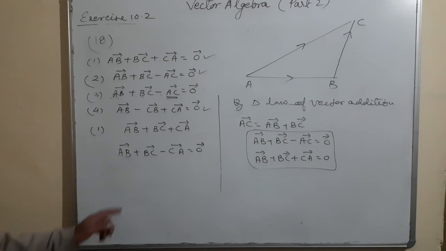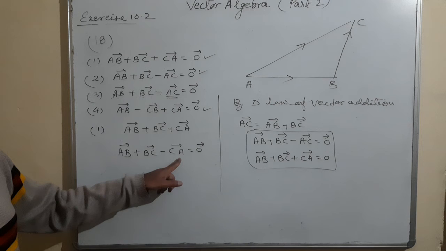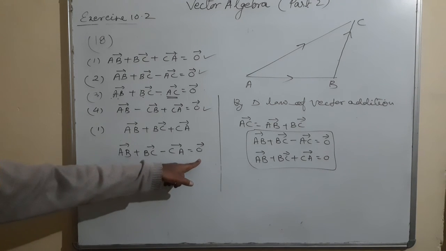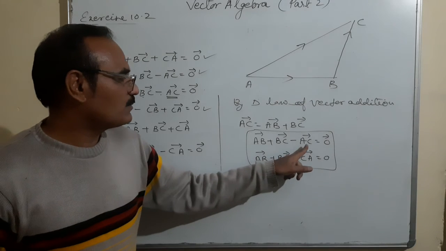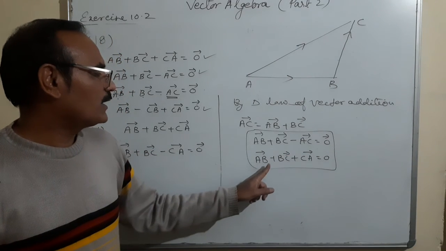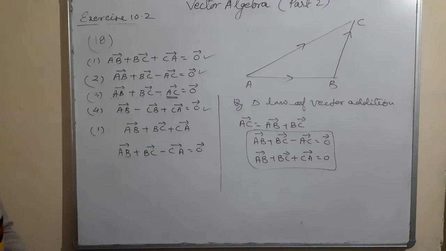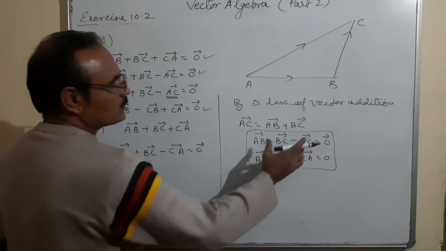But AB plus BC minus AC is equal to 0, we have already proved, and AB plus BC plus CA is equal to 0, we have proved.